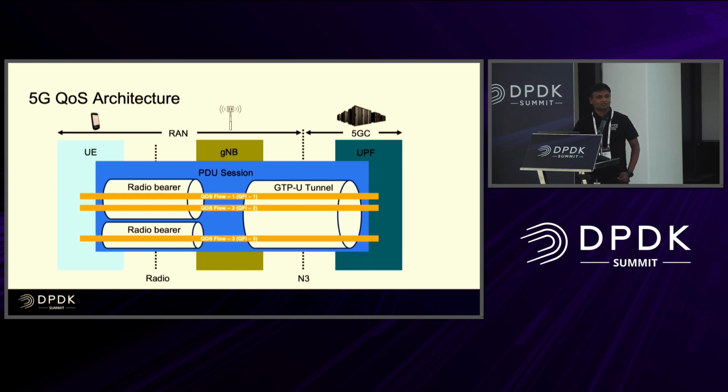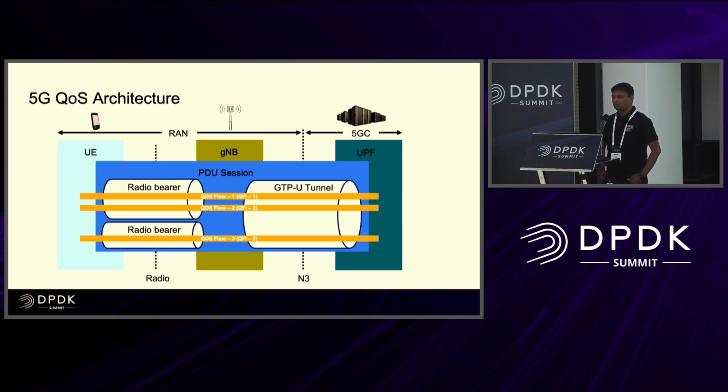This helps applications and services receive tailored treatment based on their needs. Also, multiple QoS flows can be mapped to a single GTPU channel between the G node B and UPF, unlike 4G.